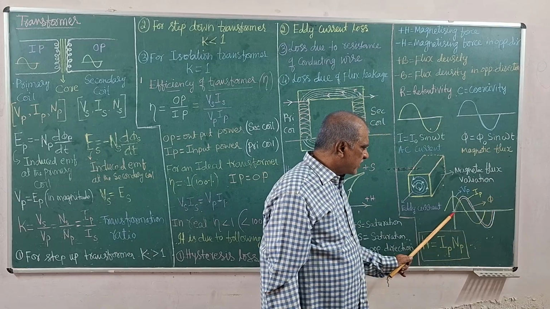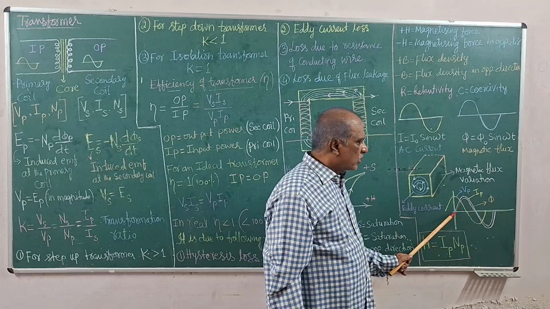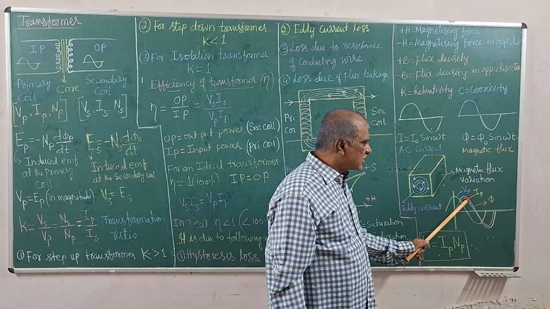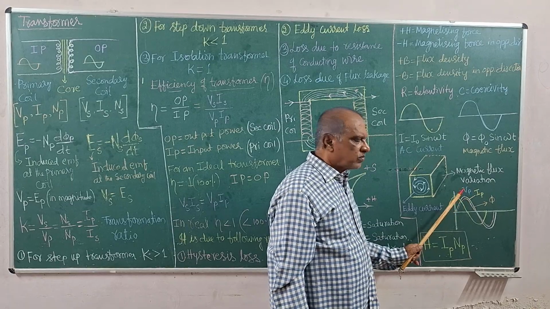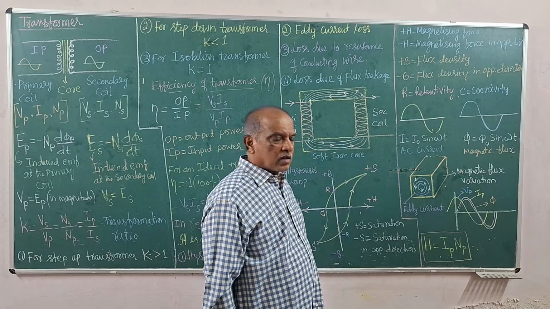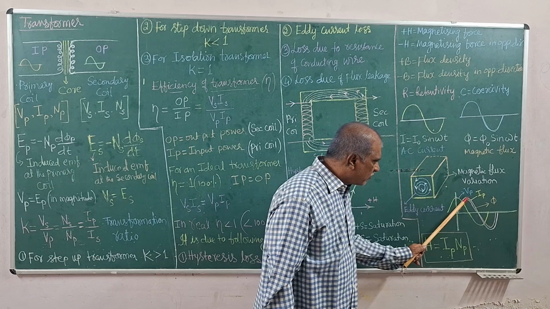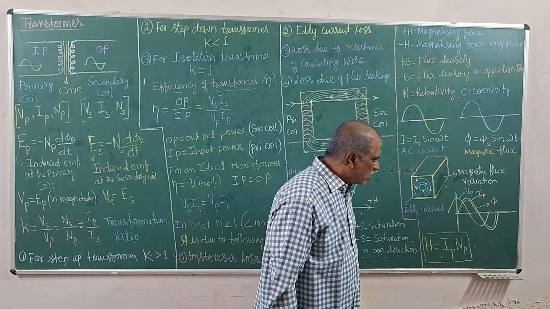The difference is the phase difference. There is always a phase difference of pi by 2. Current is always lagging behind the voltage because the coil is an inductor. That shows the phase difference between the white and yellow waves.